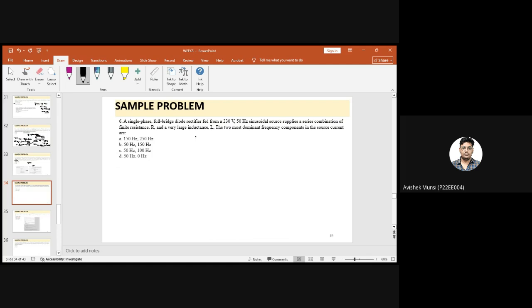So next question: which are the two most dominant frequencies of the source current? You have to calculate it.